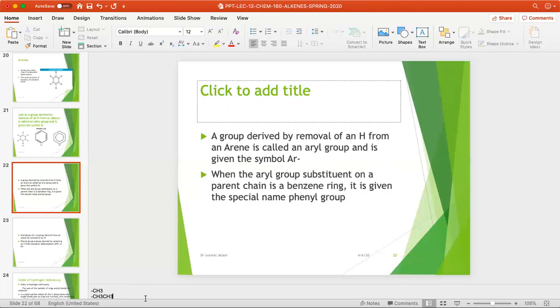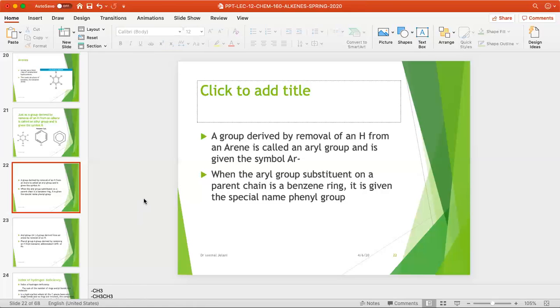So this is called ethyl group. Collectively, these are known as alkyl. Similarly, we apply this to aromatic hydrocarbons, in which benzene is the basic structure, C6H6. Now it is saying that a group derived by removal of a hydrogen from an arene is called an aryl group, and it is given the symbol Ar.